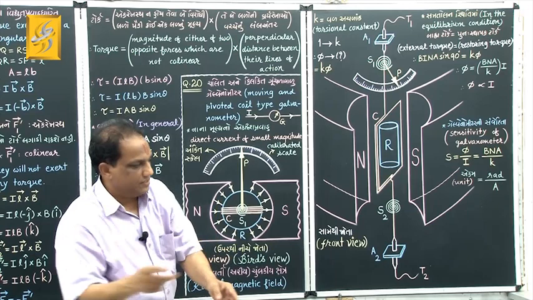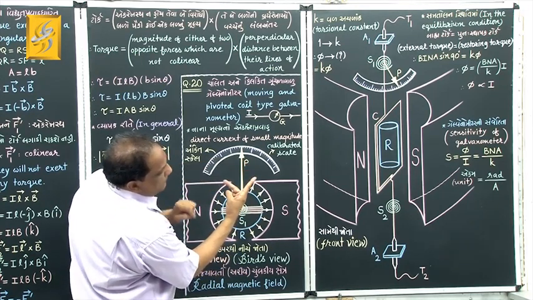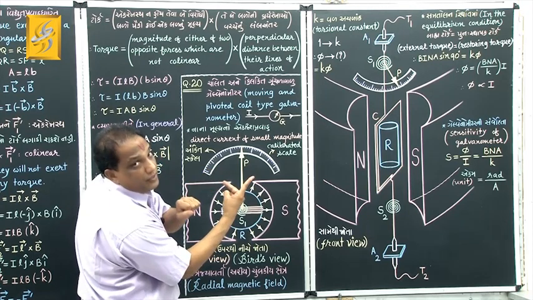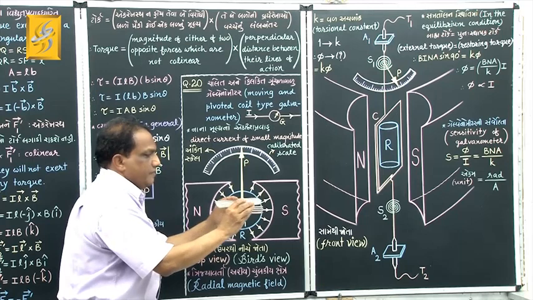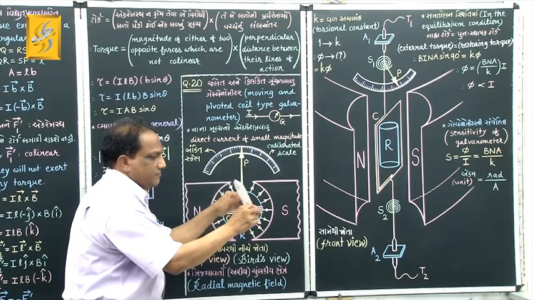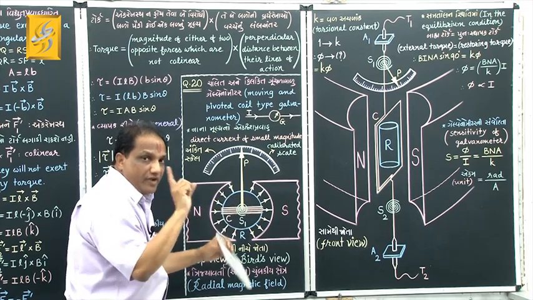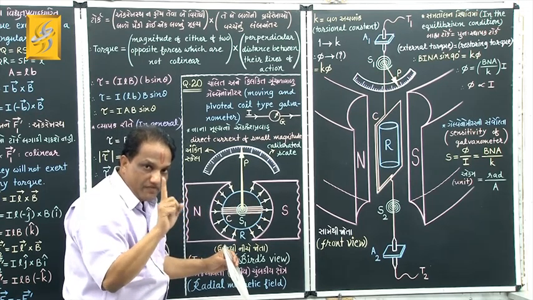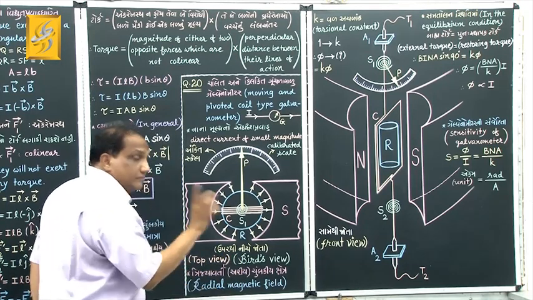So the situation is like this. This is area vector, this is magnetic field. They are mutually perpendicular, correct? So what I mean to say, whether the coil remains like this or gets deflected this way or this way, for any angular position of the coil, vector A and vector B remain definitely mutually perpendicular because of radial magnetic field.